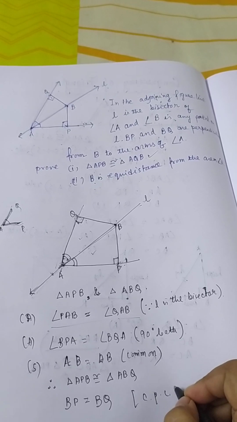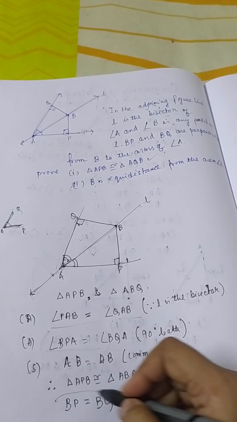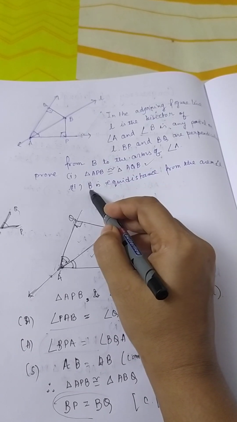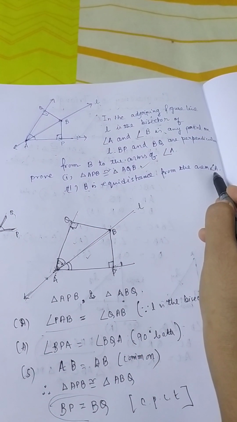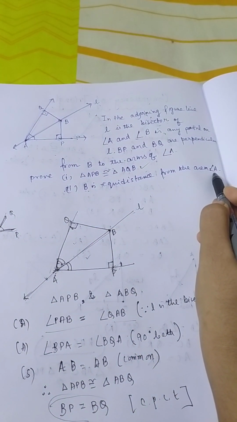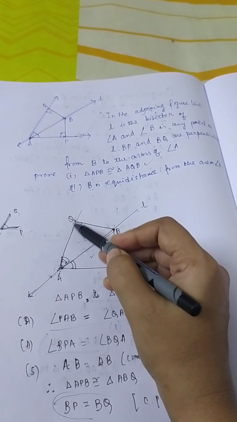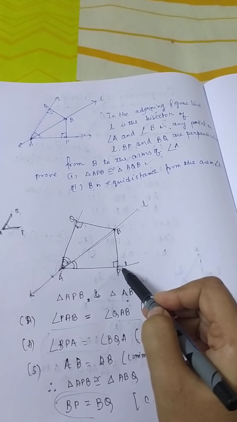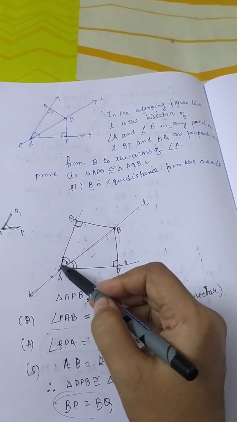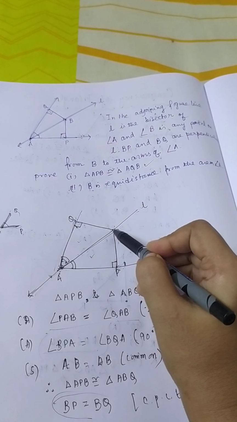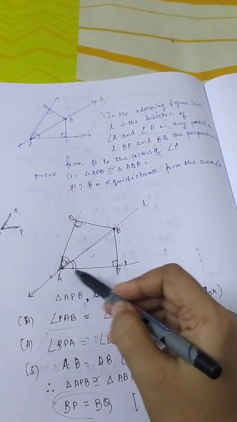Now, why do I want to find this relation? Because we have to find out whether B is equidistant from the arms of angle A. Arms of angle A means AP and AQ, and B is equidistant from these two arms.